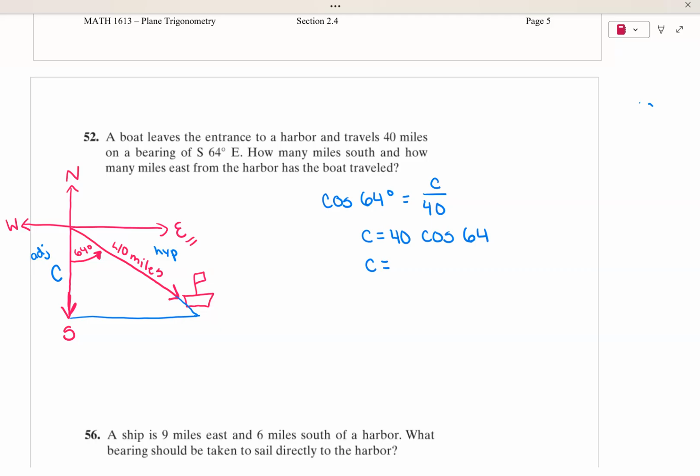So 40 cosine 64, we're looking at 17.5 miles south.